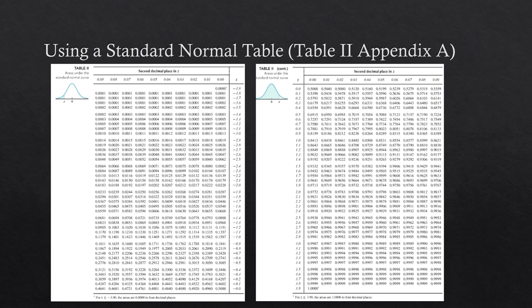These tables will always give you the areas to the left. All these numbers inside here represent areas under the curve. Everything on the outside represents a z-score that goes with that area under the curve. But all these areas represent the area to the left of our z-score.